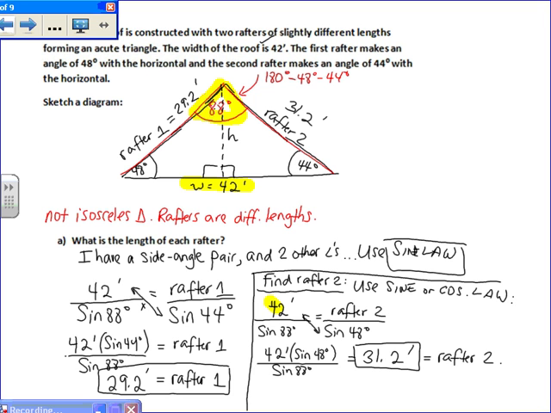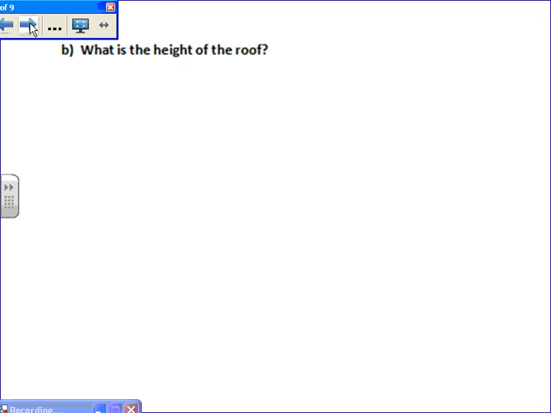So if we are going to solve for this, okay, so the height of the roof is going to create 2 right triangles, okay, with a height h.